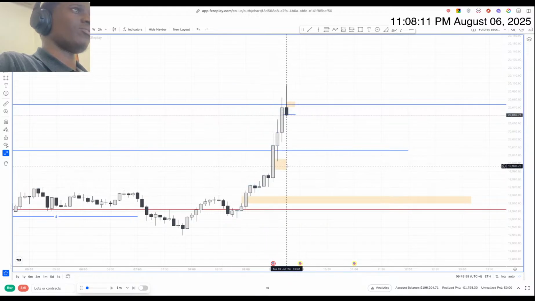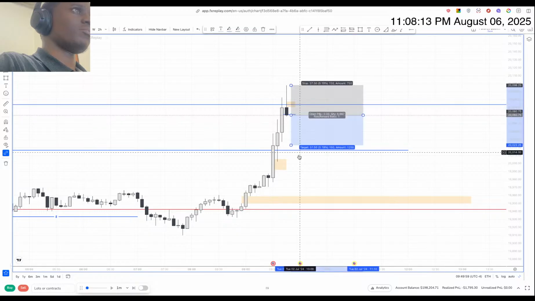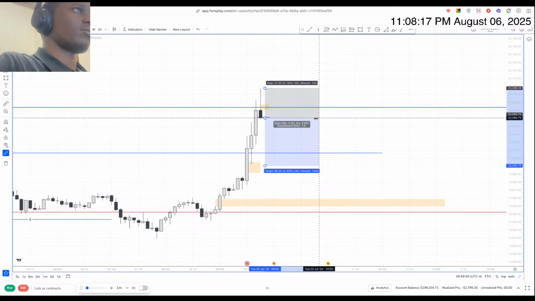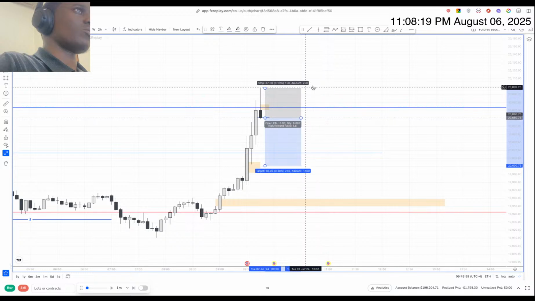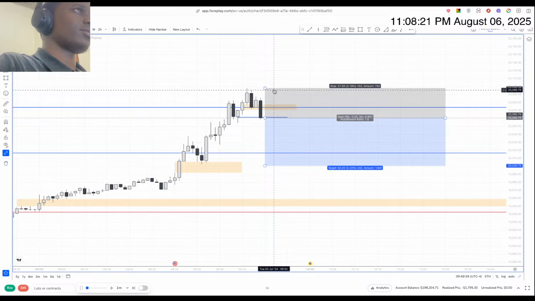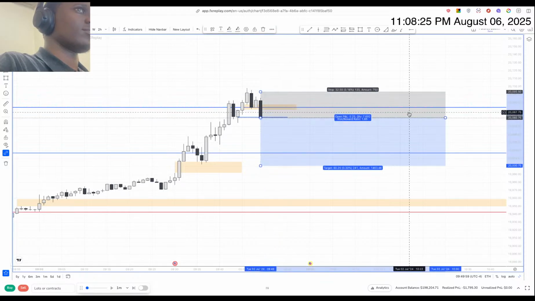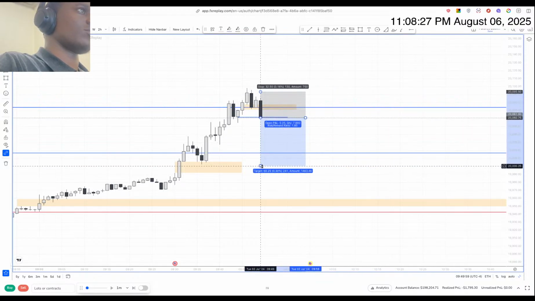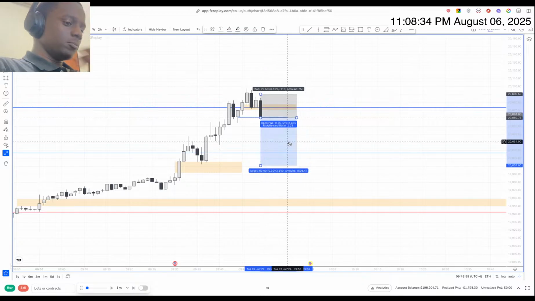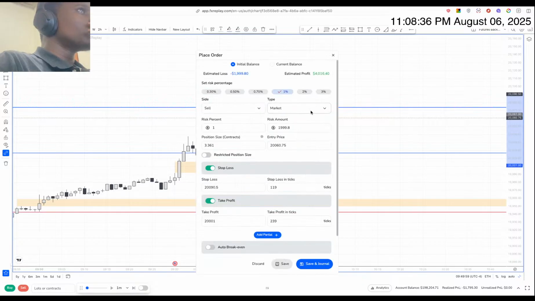So maybe if we trade this, we can let it drop until this gap here, and we can make the stop a little bit tighter. So it will be another possibility to take this entry. Yeah, some kind of 2R like that one. So I'm entering off of that inversion created.